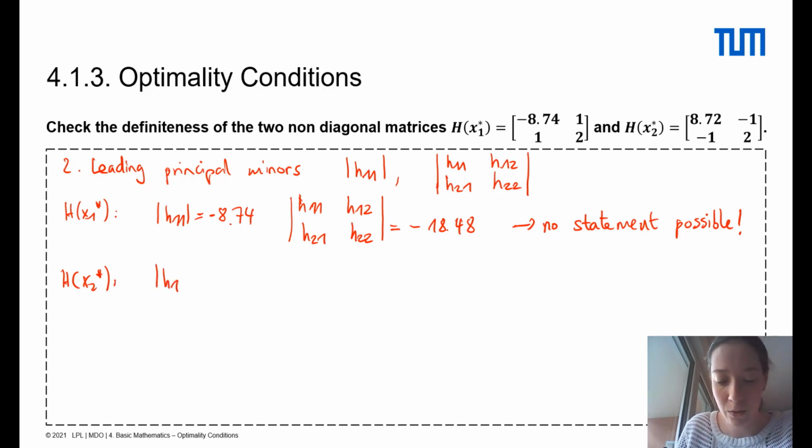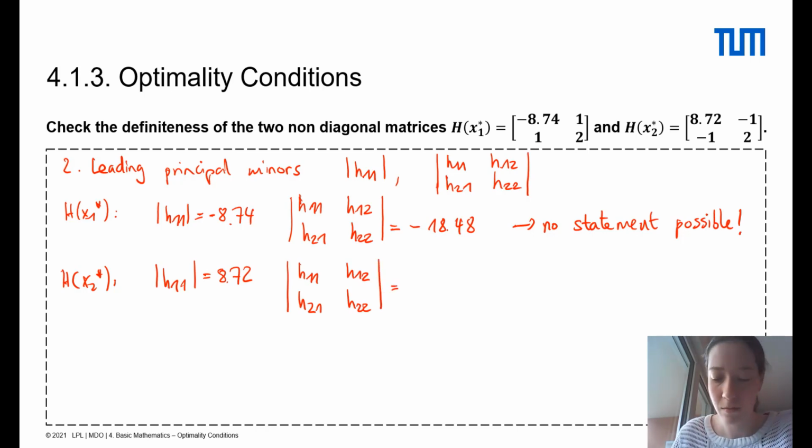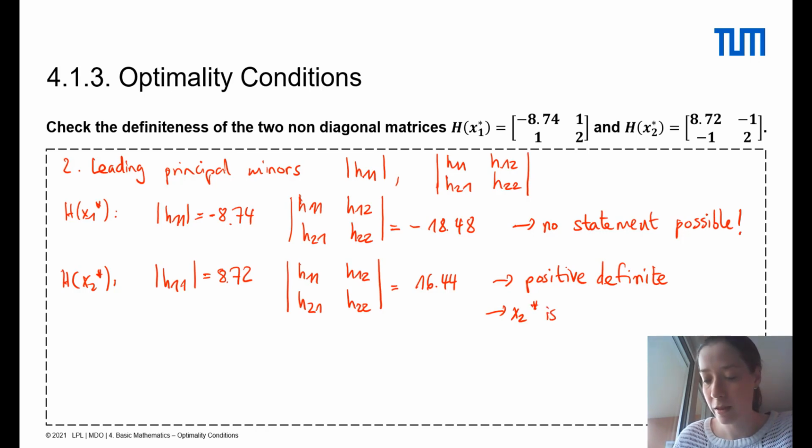Then for x2 star, 16.44. So here both are positive. So our matrix is positive definite, and x2 star is a minimum.